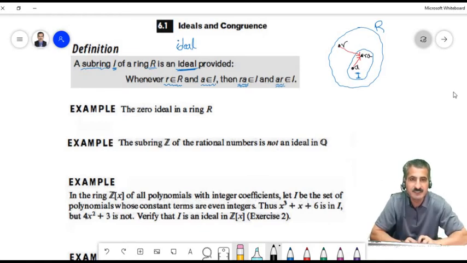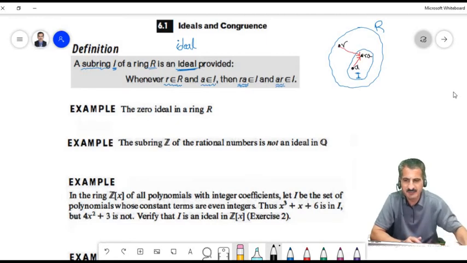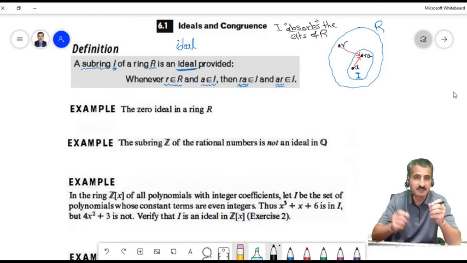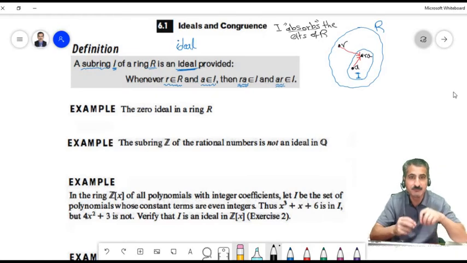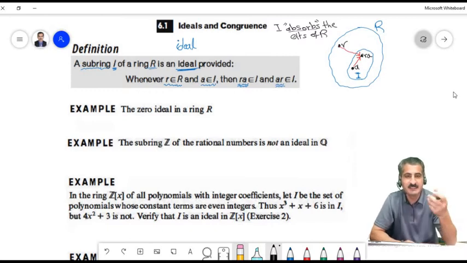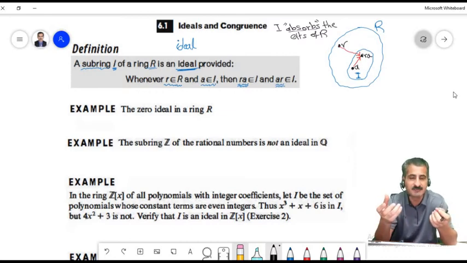So we will say I "absorbs" the elements of R. Absorbs here, which I put between quotation marks, means multiplying an element from I with any element from R, the result will be absorbed inside I. This also implies that if a is an element in I and r is any element in the ring, it could be from I also.